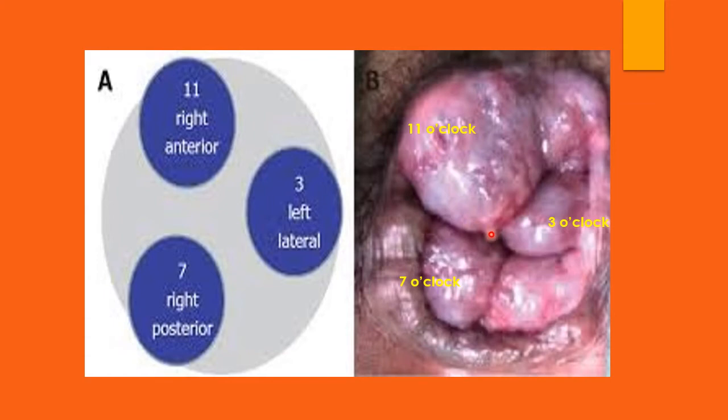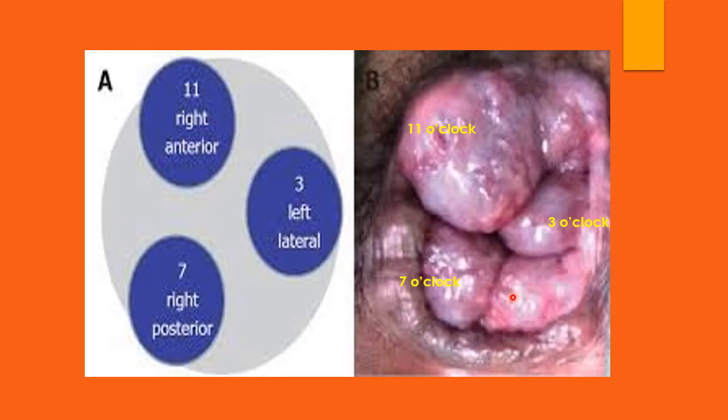Now, when you look at the hemorrhoid patient, you see the prolapsed hemorrhoids here. This is the anus. You can describe them according to the face of a clock. These are the primary hemorrhoids which occur at the 11 o'clock position or the right anterior, 3 o'clock position, left lateral, and a 7 o'clock position, which is a right posterior.